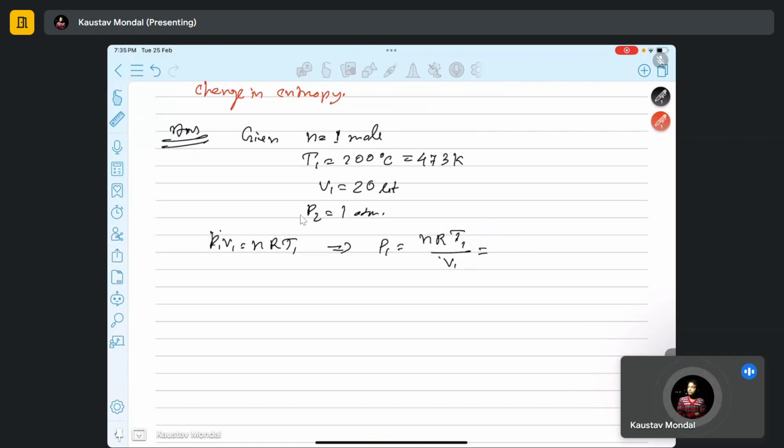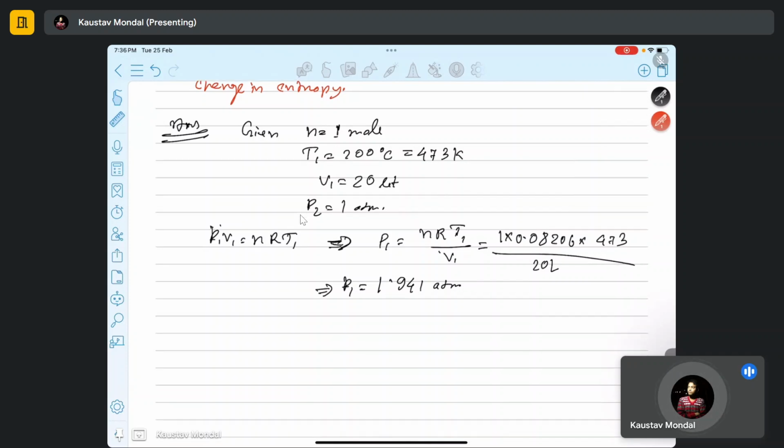That is 1 into 0.08206 into 473 by 20 liter. So P1 is 1.941 atm.